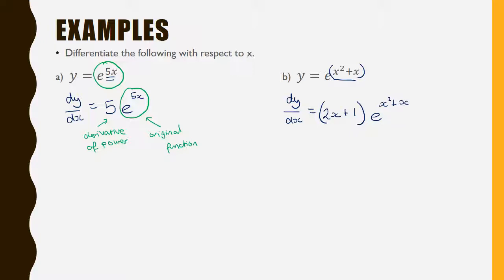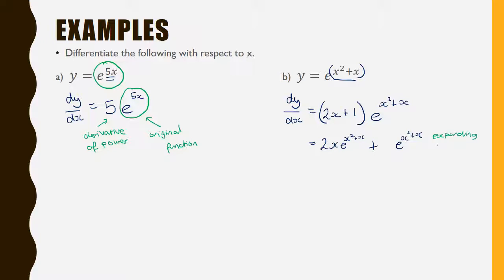And that's it. You could expand if you wanted to and write it like so, and 1 times e to the power of x. Okay, but you really do not need to expand. That's an option, but expanding is not needed.